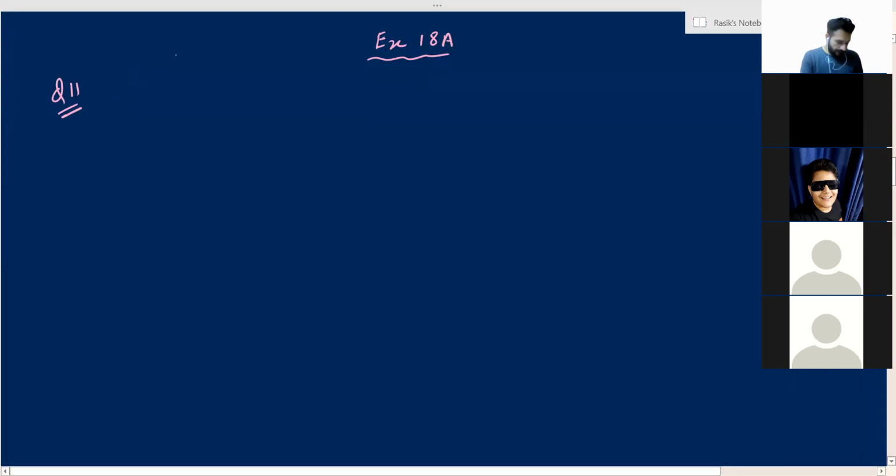Okay, question 11. We are doing the exercise based on the formula. I'm again writing the formula. Area of trapezium is equal to half into sum of parallel sides. B1 plus B2 are known as parallel sides.